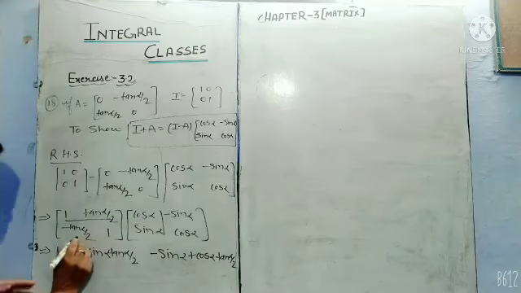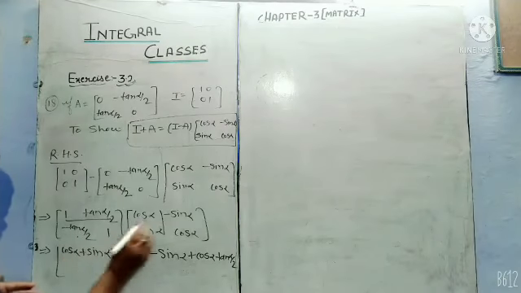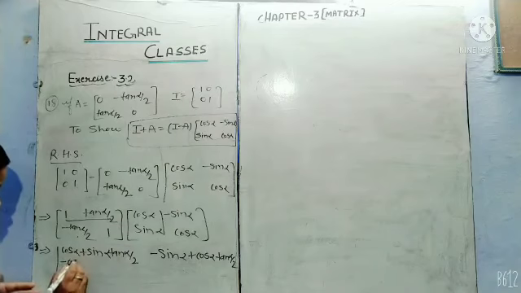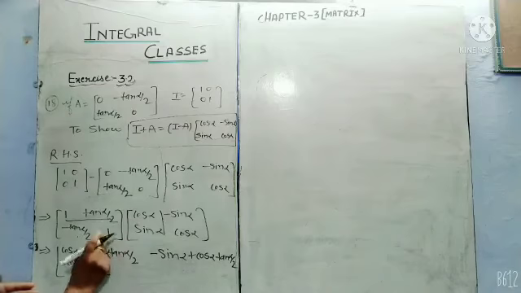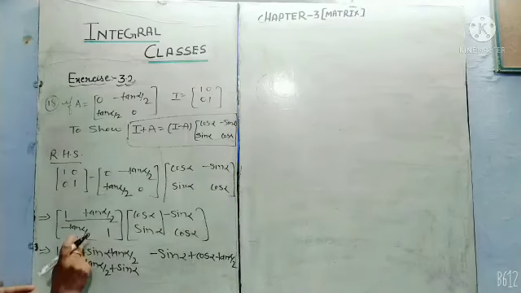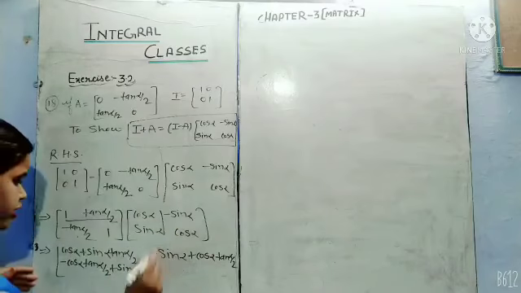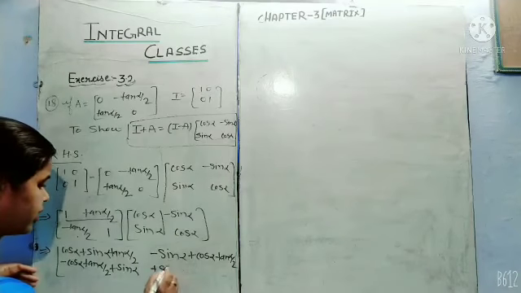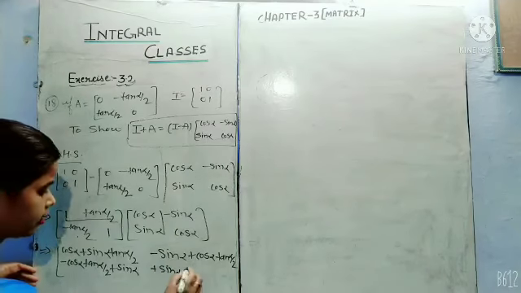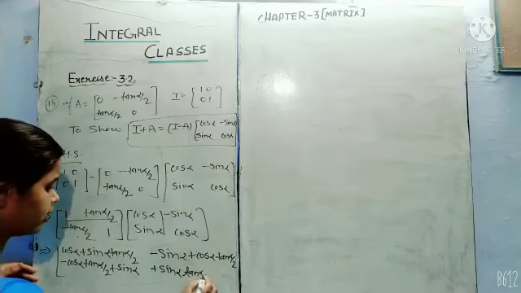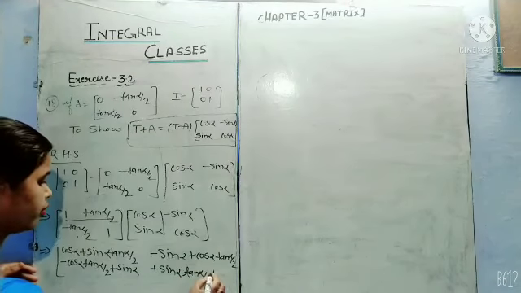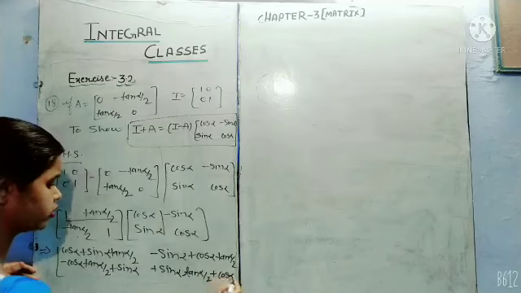Again second row first column: minus cos alpha tan(alpha/2) plus sin alpha. Again minus minus plus, sin alpha tan(alpha/2) plus cos alpha.